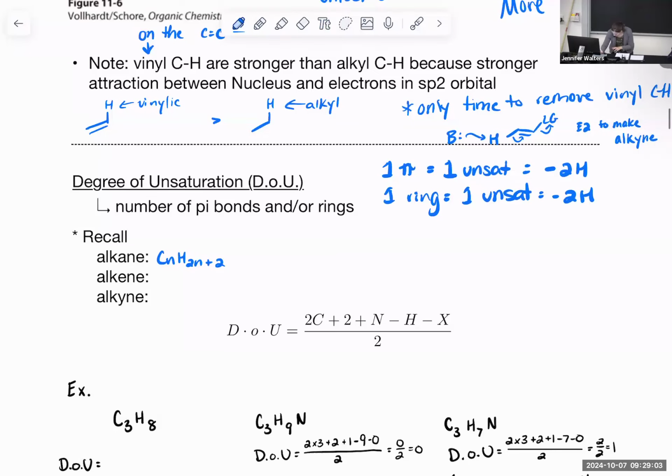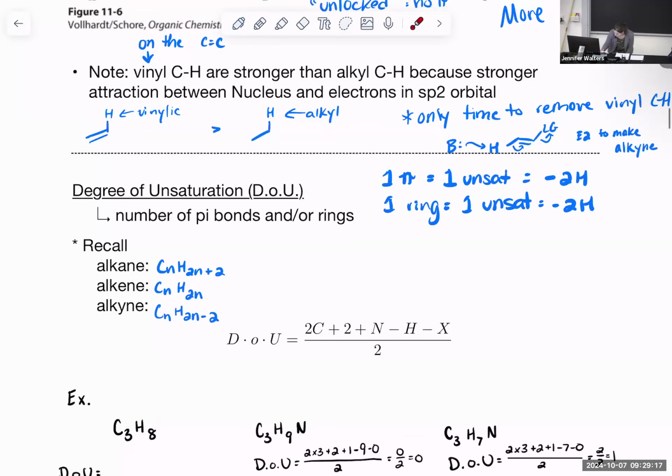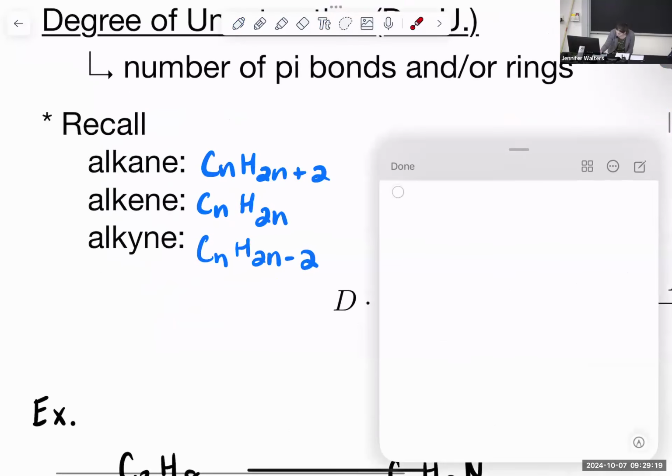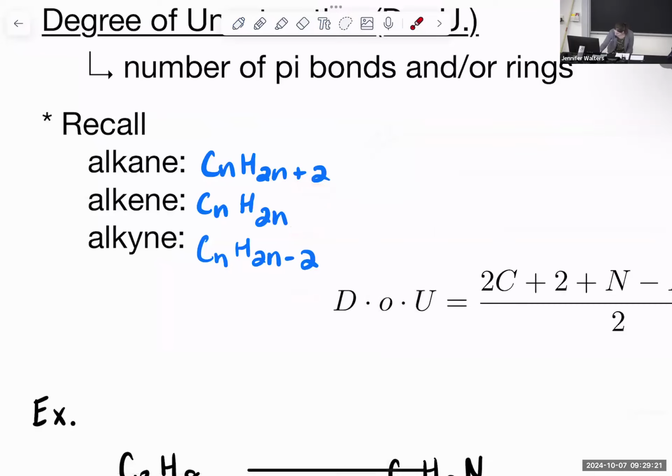So now your formula is CnH2n because you lost two hydrogens. When you get to your alkyne, now you are CnH2n minus 2, because each time you're adding one unsaturation. Each unsaturation represents the loss of two hydrogens.